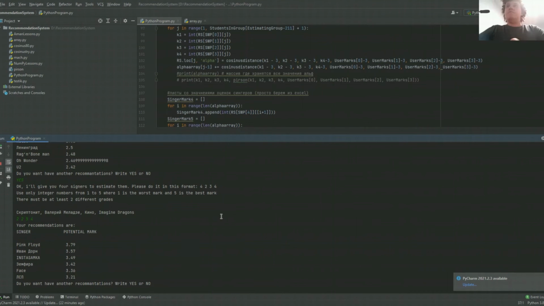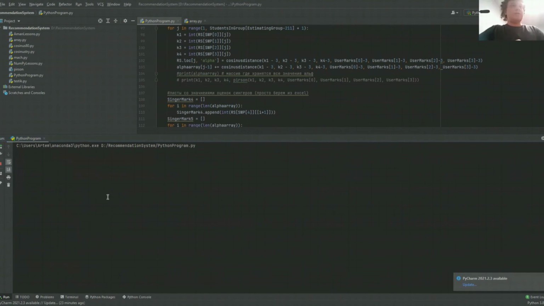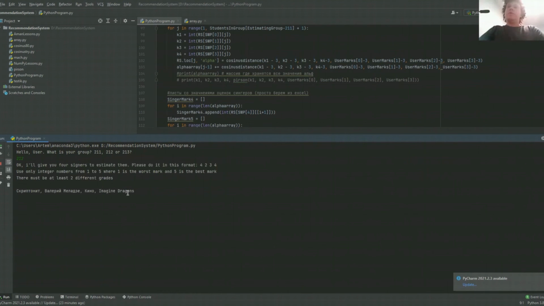Okay, Nastya, let's go, a new try. For example, we have the next group. How will you grade this one? Let's try 2, 5, 3, and 5. Okay, you see Instasanka is the best and Van Dorn is the worst.